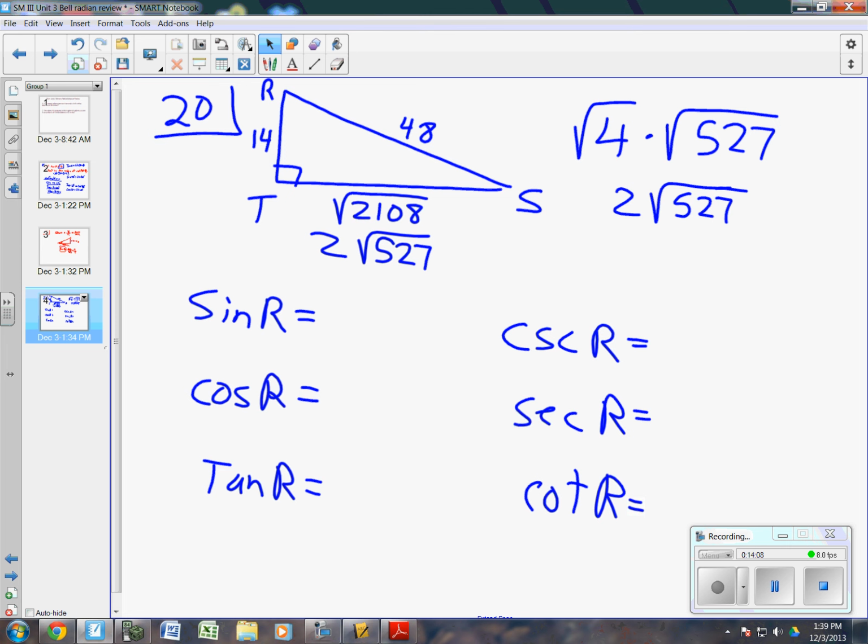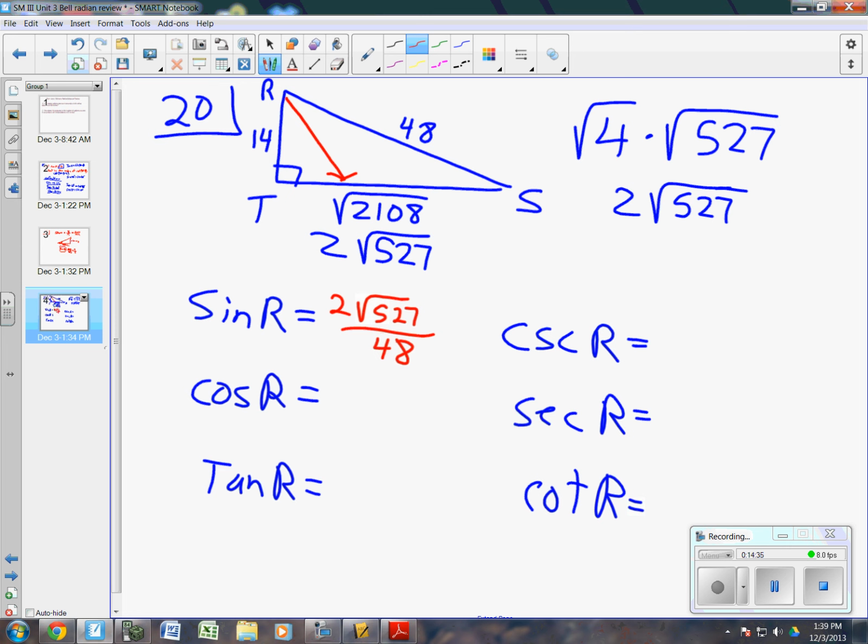Okay, so on this problem right here, I'm looking for the sine of R. Well, the sine is equal to what over what? So I go opposite of R. Opposite over the hypotenuse. So 2 square root of 527 over the hypotenuse, which is 48. Okay.